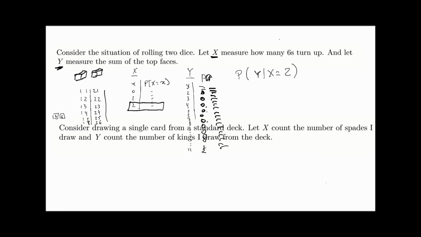Well, think about this. I can have x being 0 or 1, meaning that it's the number of spades I draw. I will have a spade if it's 1, and I will not have a spade if it's a 0. This is for x. Y is, well, I can have a king or not a king.